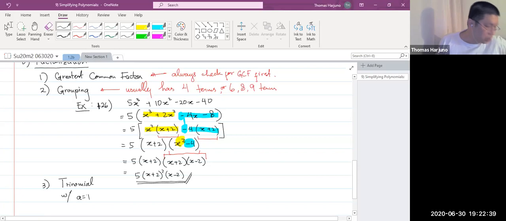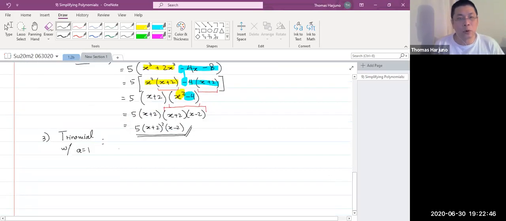Now, our textbook doesn't have example on this. Let me make my own example. Suppose, for example, we need to factor x squared minus 5x minus 14.